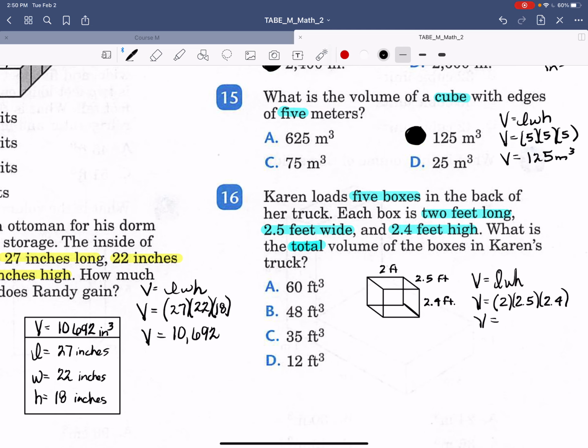And that's 12 feet cubed for 1 box. Notice that answer choice is there though. But I have to do that times 5 boxes. So I'm liking 60 feet cubed because it wants the total volume of the boxes.